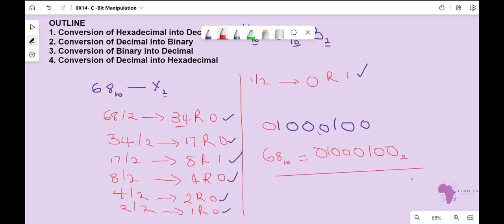But remember one thing, guys, you can have it in what you call binary notation. Our binary notation is 0b, like this.